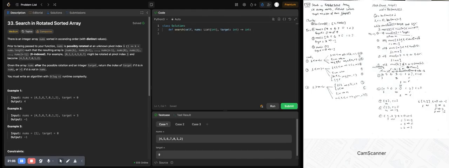Then I will use a while loop while nums of mid is not equal to target and the left is less than right. So let me just use n instead of mid.